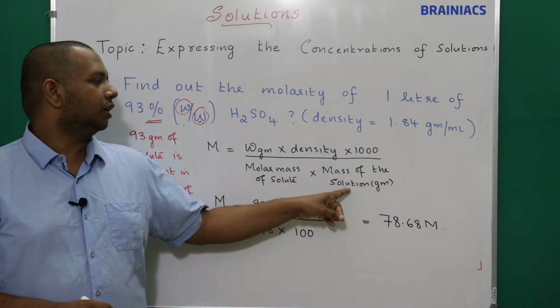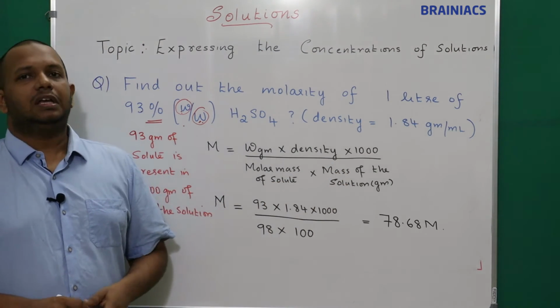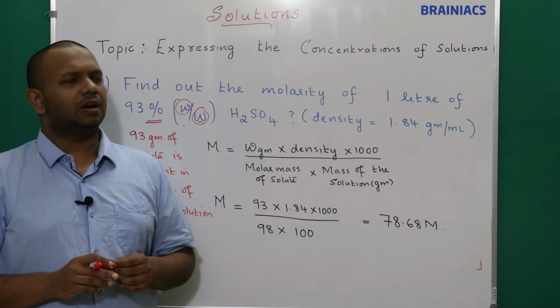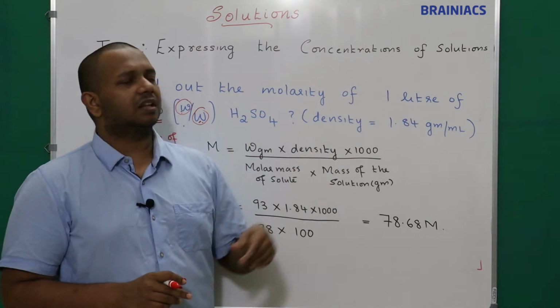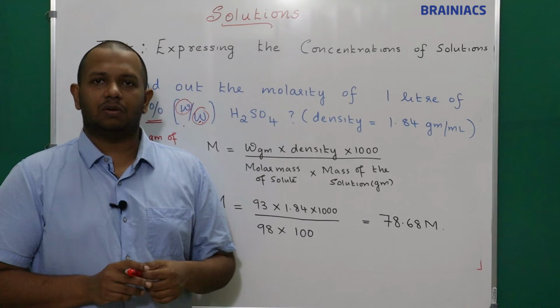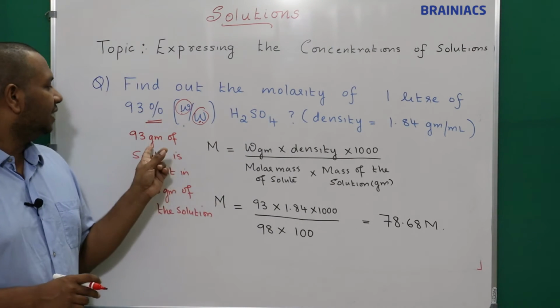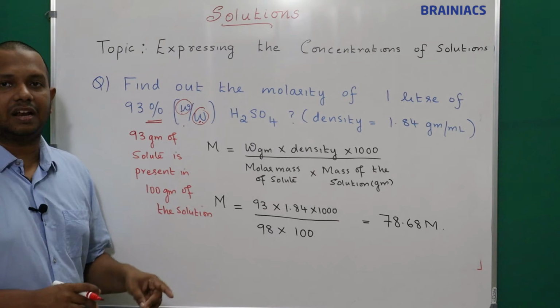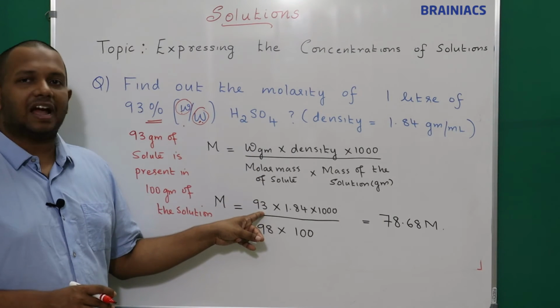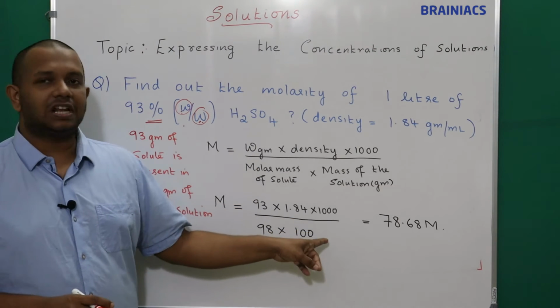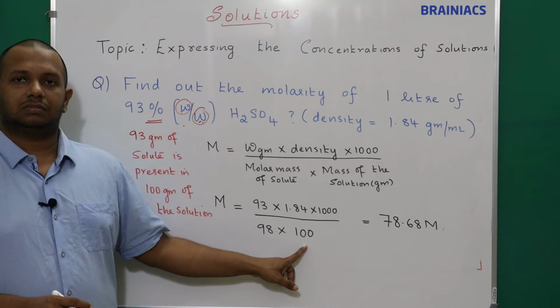Mass of the solution, this is very important. Here most of the students have a doubt, sir, they are asking molarity of 1 liter, right? Correct, 1 liter only they are asking, but please listen, 93 percentage means 93 gram of the solute is present in 100 gram. Since we are taking 93 gram, 93 is present in how much gram of the solution? 100. Understood?